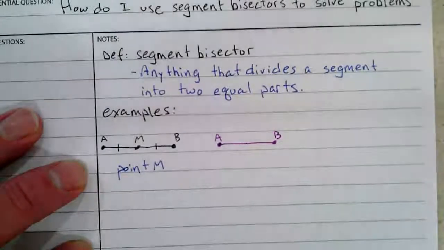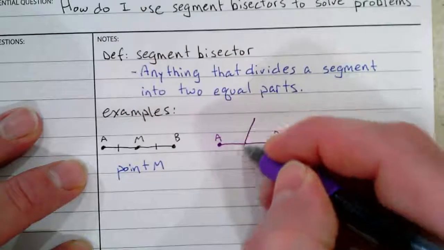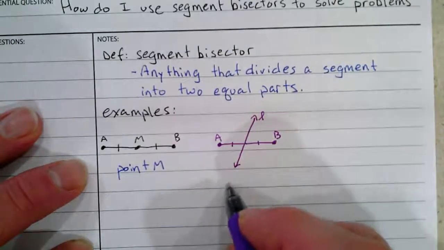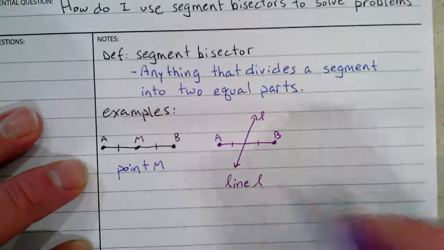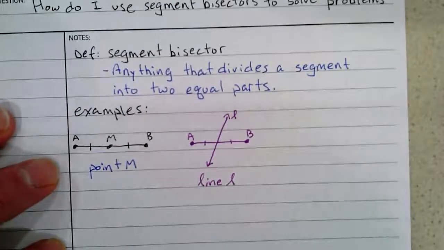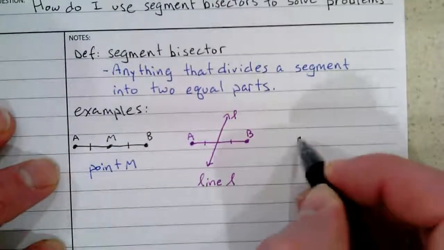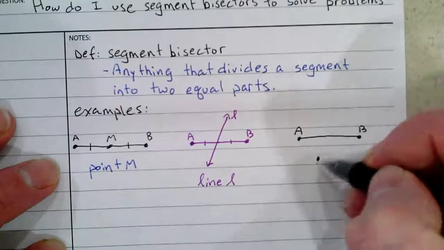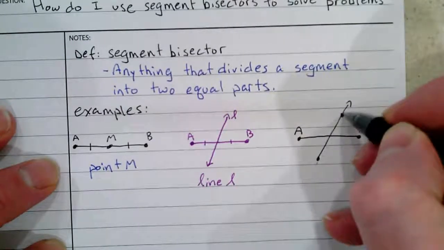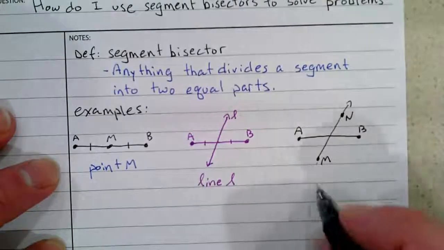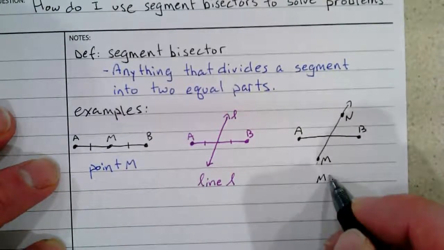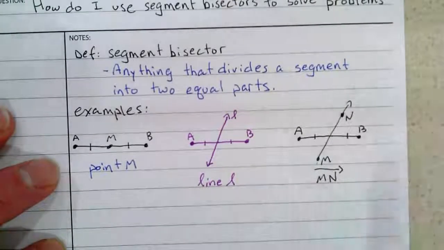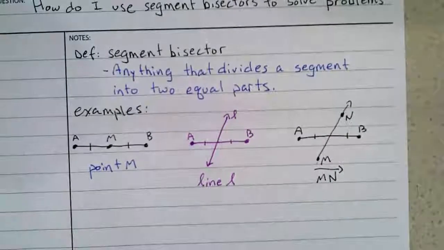These two segments are congruent. Here we could have line L, or maybe ray MN. All these are segment bisectors in these diagrams. Anything that cuts a segment in half.